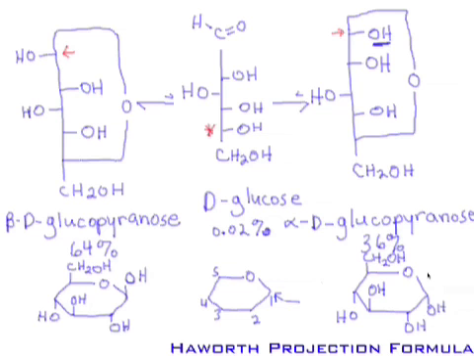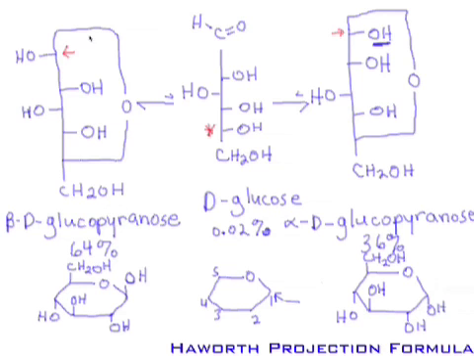Now, one could take this methodology for drawing these sugars and identify or name the structure. And this can be quite deceiving. For example, let's take a look at beta-D-glucopyranose.